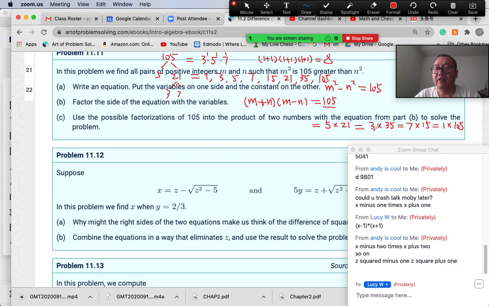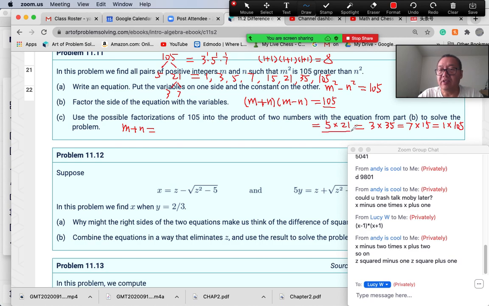Now what else? 1 times 105, 3 times 35, 5 times 21, 7 times 15. That's all. Now, m and n are positive integers, so definitely m plus n is greater than m minus n.